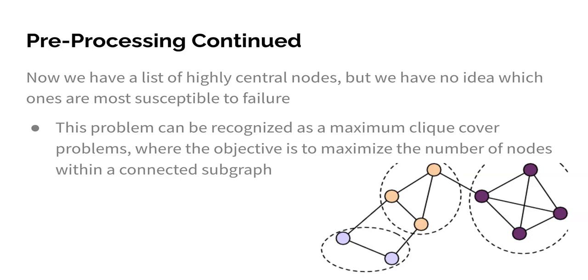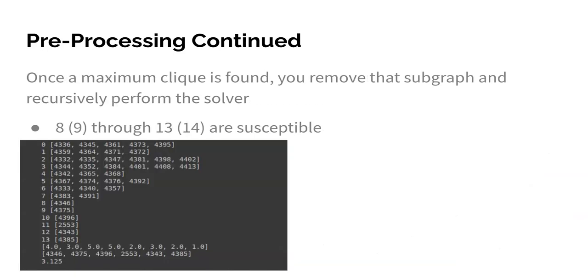That way we observe the performance changes by using the highly parallelized hardware that we have available. Once a maximum clique is covered, you remove that subgraph and recursively perform the solver.